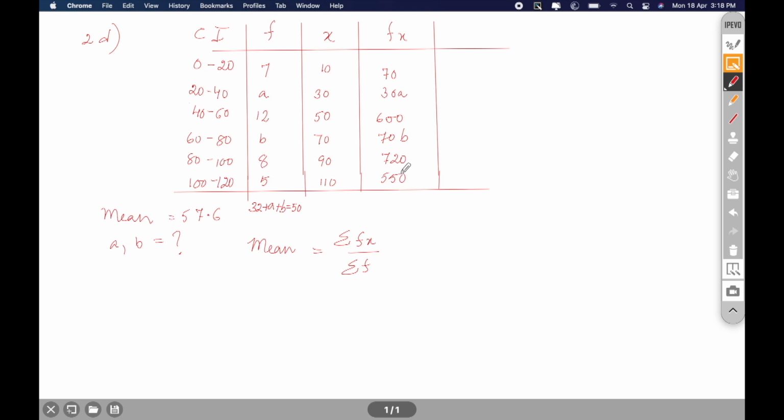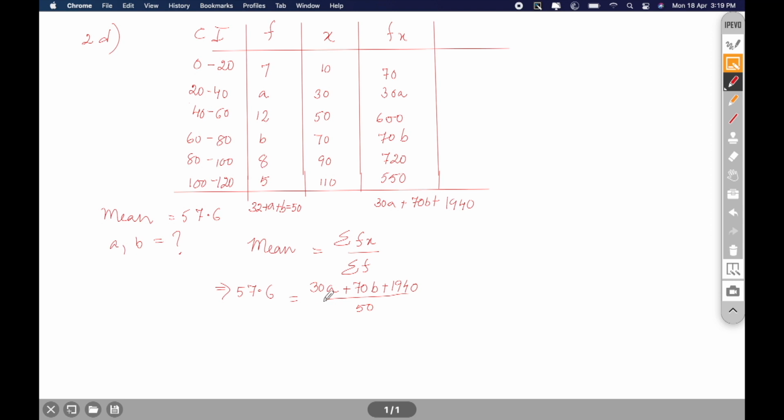So if we add up this column, this comes to 30A plus 70B plus 1940. So if we substitute these values here, 57.6 for the mean, summation of fx is 30A plus 70B plus 1940 divided by 50.